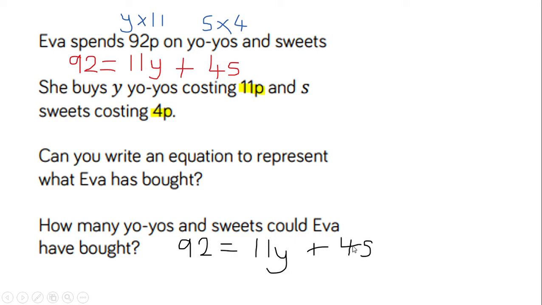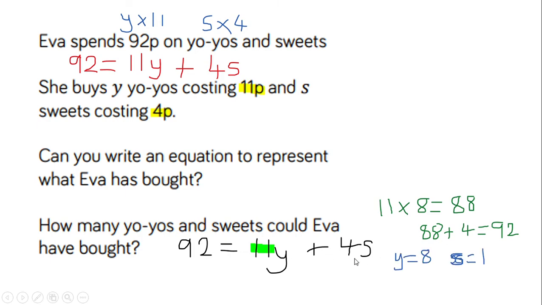And we've got something here times by 4, but we need to get to a target number of 92. Hopefully you might realise that if we just made S 1, then 4 times 1 is 4, and we'd have to get 92 take away 4, which would be 88. We'd have to get 88 here. So we could then see that Y could be 8. 11 times 8 is 88. And S could be 1. 4 times 1 is 4.